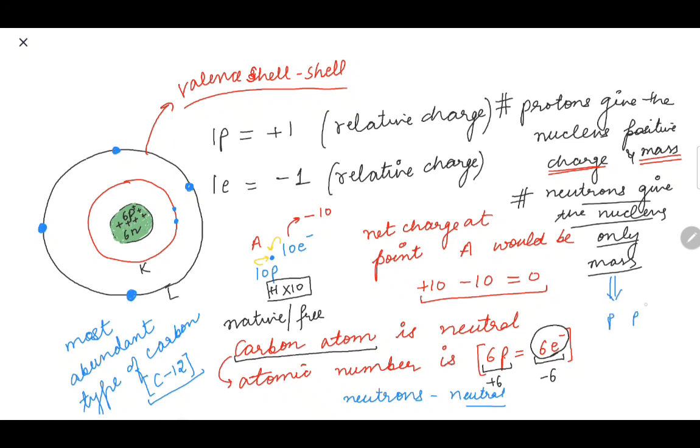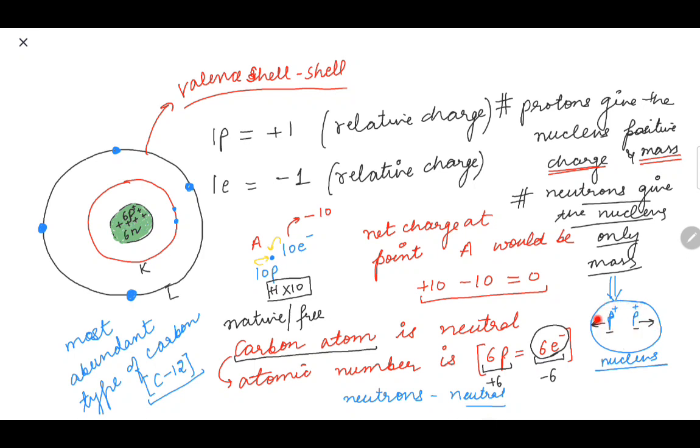I hope you're understanding. Do you realize that in a nucleus, protons are both positive? So don't you think that they should repel? So who keeps these protons together inside the nucleus? All the positively charged protons are placed in this particular part.